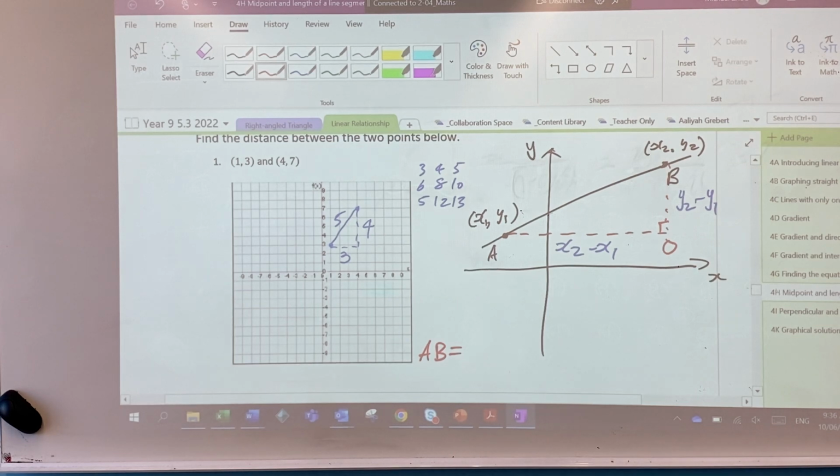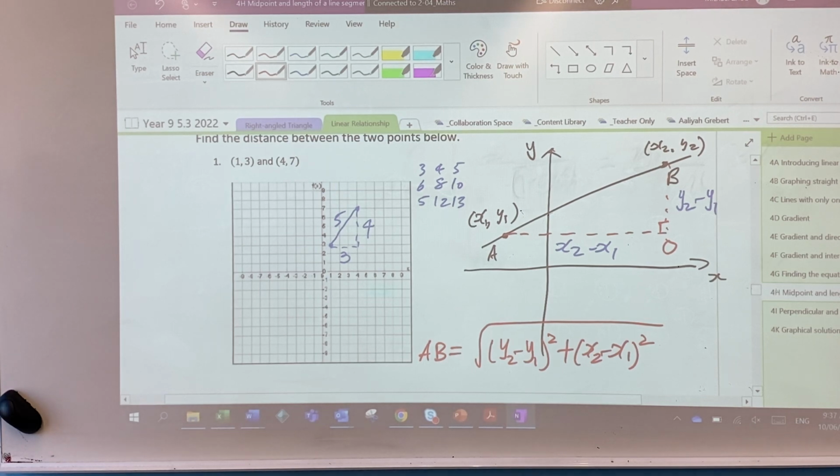So AB is going to be the square root of (y2 minus y1) squared plus (x2 minus x1) squared. Is that okay? Do we understand that? If you understand that, that's pretty much it for the first part of distance.